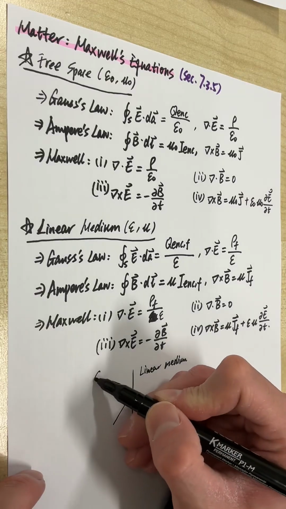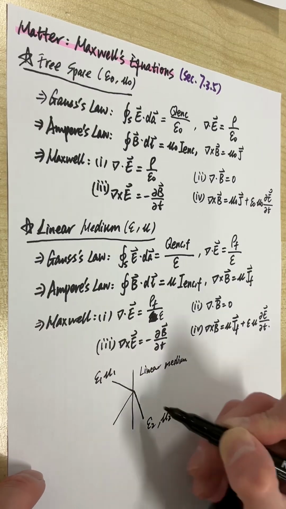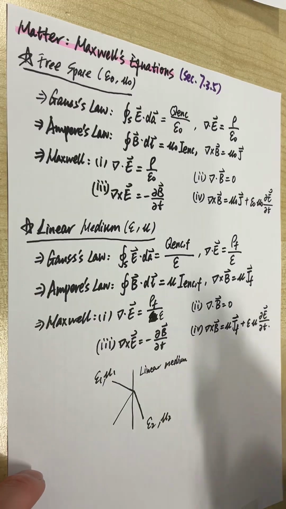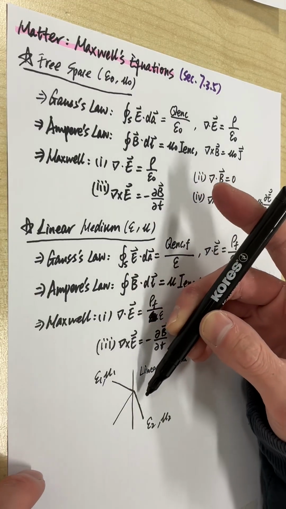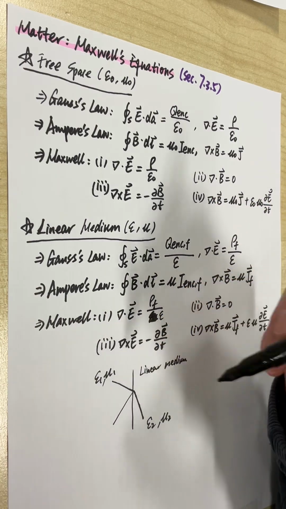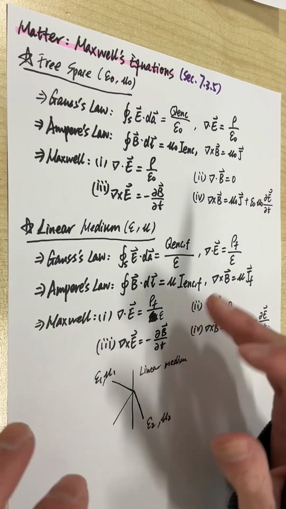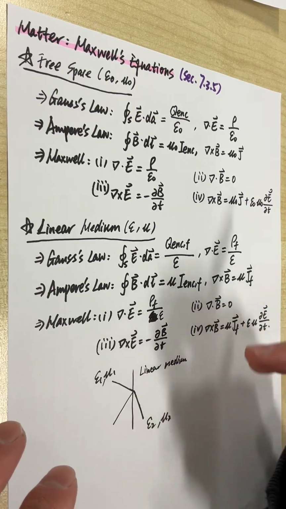So we will have epsilon 1 mu 1 here, and epsilon 2 mu 2 here. When the field crosses a boundary, there will be discontinuity. So the field will not be continuous. The magnitude and the direction will change.